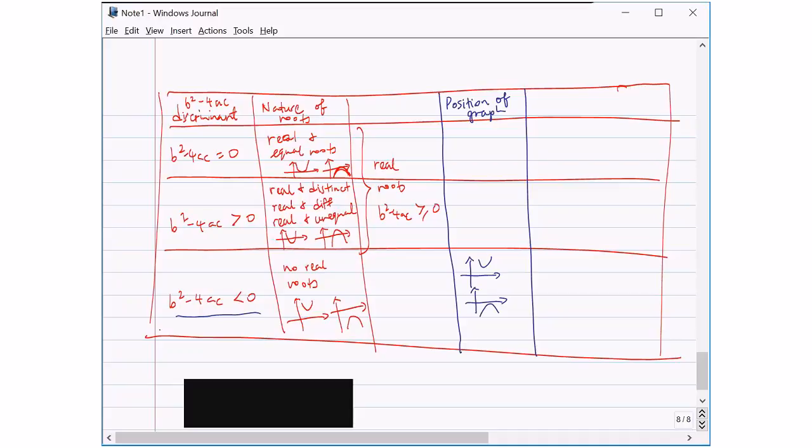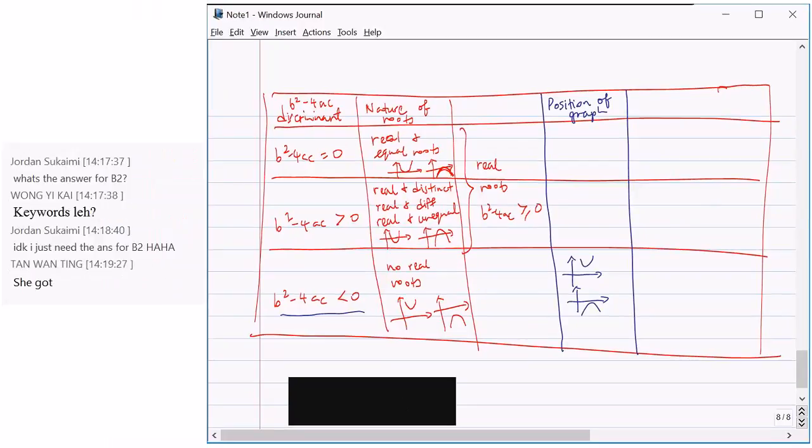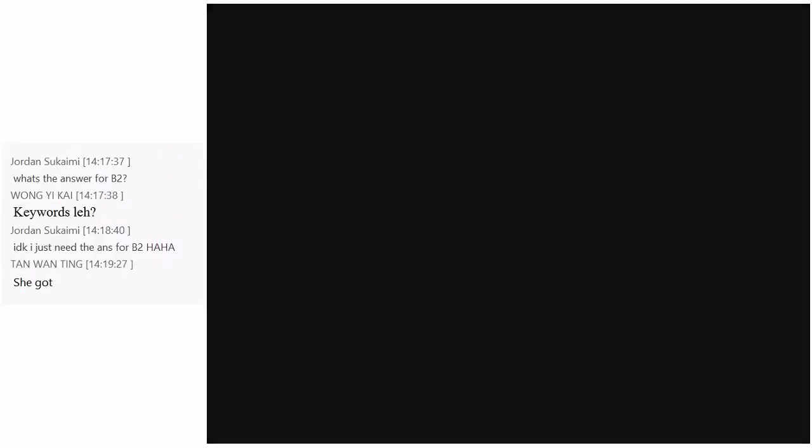Can anyone give the answer for B2? Carissa, I haven't heard from Carissa. Carissa, you got the answer for B2? She got? Jordan, I'm looking at the question. The question says, find the range of values of q for which 2x squared plus qx plus q is always positive. So this question is talking about the graph, this smiling curve graph, always being positive.